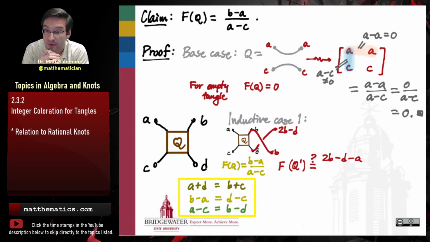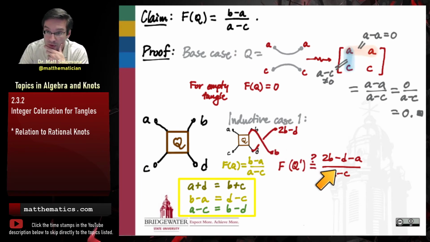And then my row difference is going to be A minus C again. Right? So that is what this claim would say for this tangle after I've added a twist onto it.